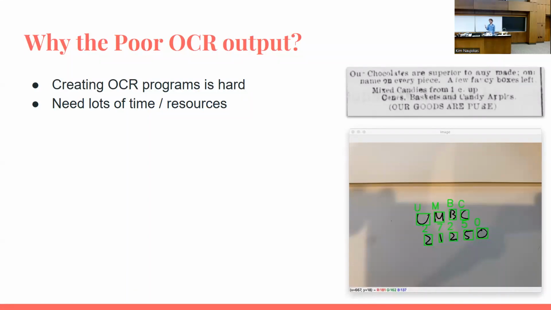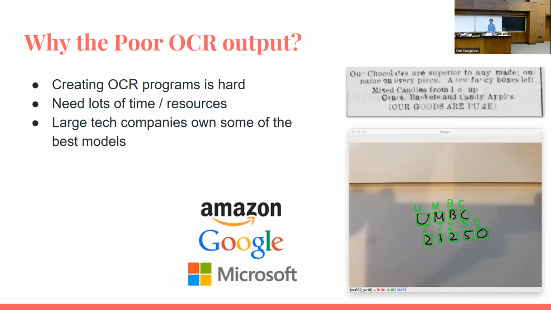So the only companies or entities that really do have the incentive and the resources to create such strong OCR programs are some of the biggest tech companies around, such as Amazon, Google, and Microsoft. So what our team decided to do was swap out the OCR from the Library of Congress with one of these companies' OCR programs. And we went with Google because really all three of them are about as accurate as each other, and Google is just the easiest to pick up and learn. So, sometimes you got to go the path of least resistance.